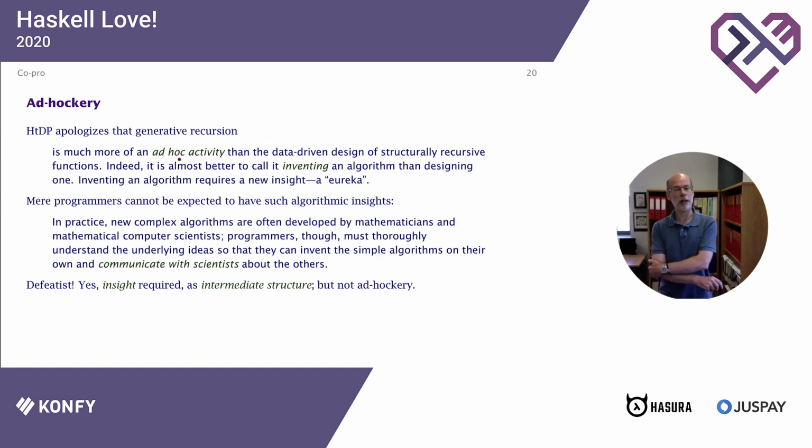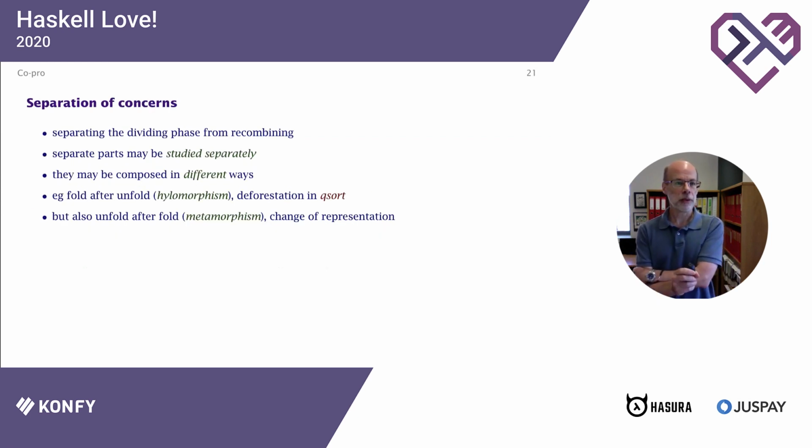I think it's a very structured activity. It just depends on different structure. Intermediate structure now, not input structure or output structure, but that intermediate structure is the output structure of the input phase and the input structure of the output phase. It's where the two phases meet. So this separation of concerns is, of course, really important.